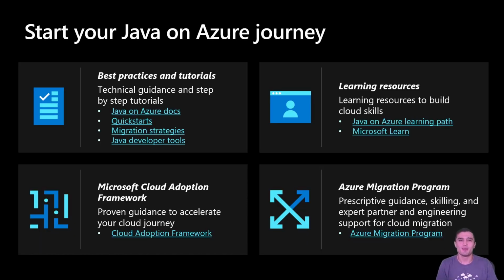So with that, our session is very close to finishing. You can always learn more about Java capabilities on Azure, or how to further extend our existing or new event-driven system solution by going through these links. We have best practices, tutorials, and learning resources or learning paths you can take to go from zero to hero.